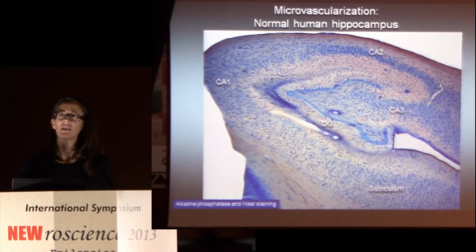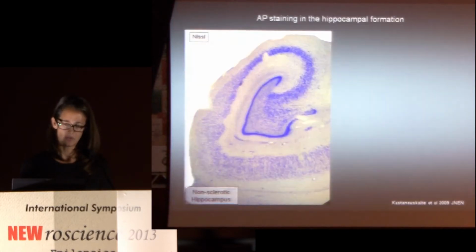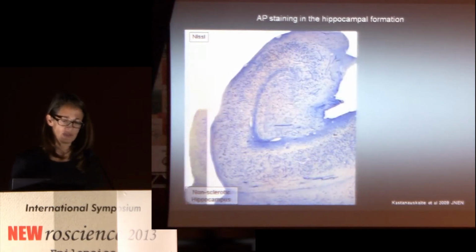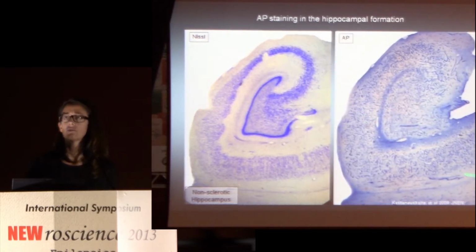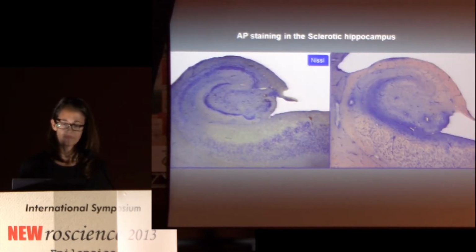In this slide, I did a counterstain with Nissl, and we can see all the fields here with the neurons. When we study this region in detail, we can see clearly that the stained blood vessels are homogeneously distributed in all the fields.